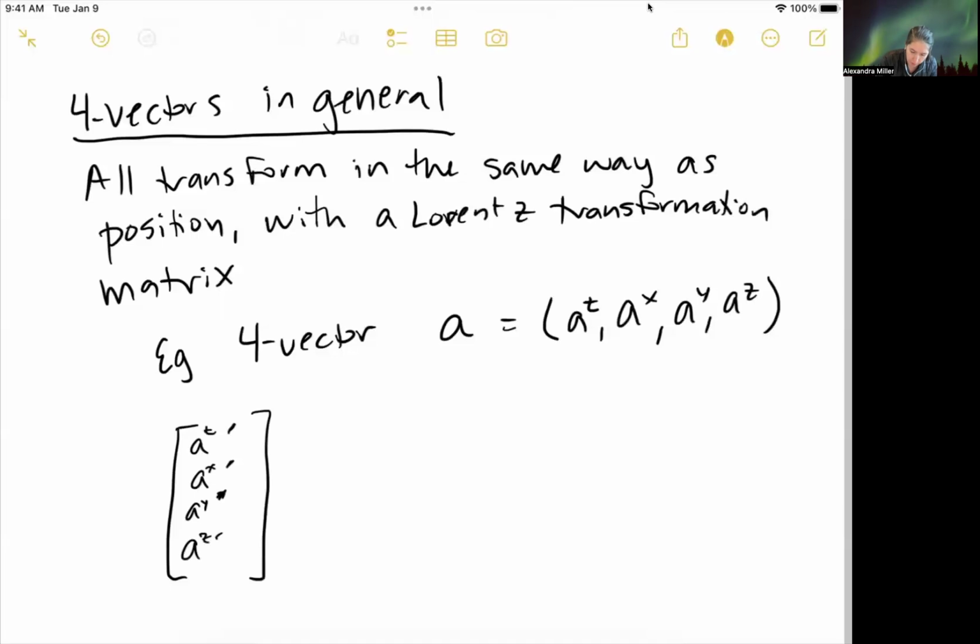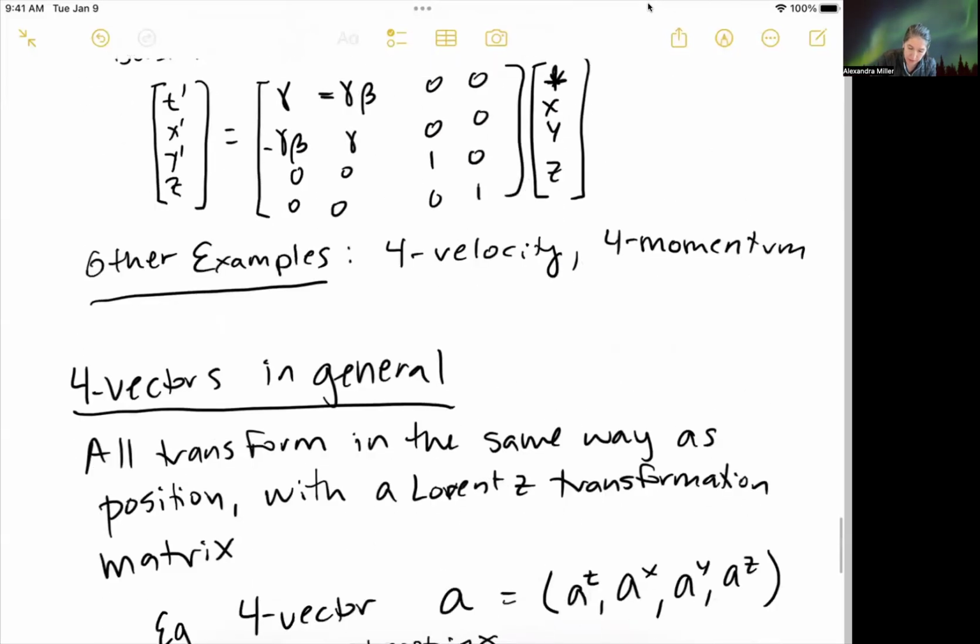So these new components, again, we'll keep to that same example for a boost in x. We use the exact same matrix as we had up above for position, right?